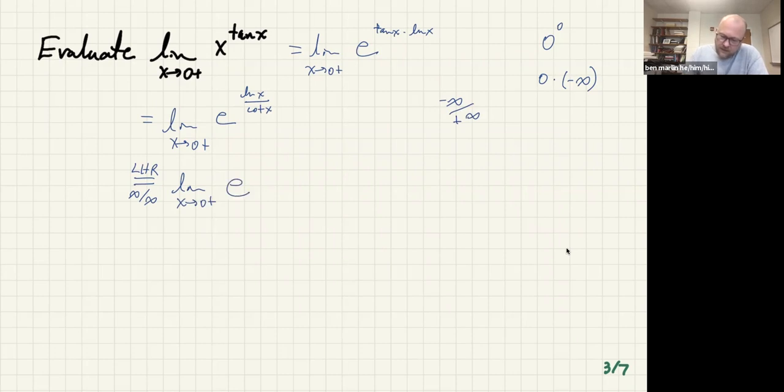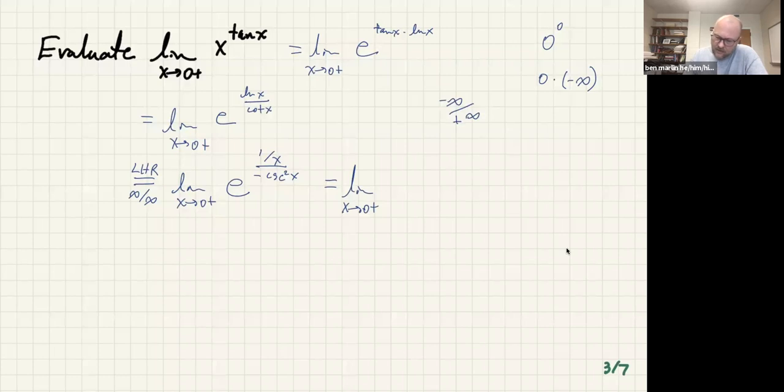And then the top, the derivative of log x is 1 over x. And the bottom, you might have to look this one up. The derivative of cotangent is minus cosecant squared of x, okay? Now that's got a bunch of fraction stuff in it, so let's try unscrambling it and see if we can just evaluate it at this point.